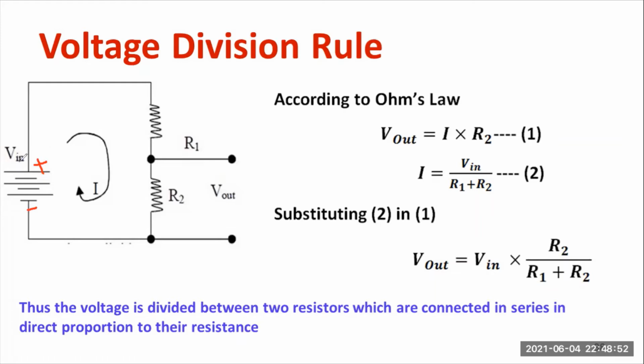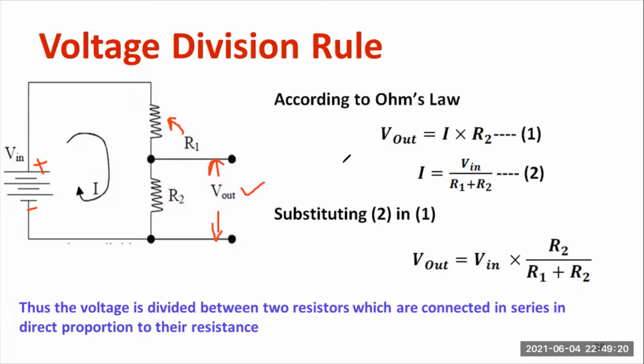The whole voltage V in has been divided across two resistors, R1 and R2. The voltage across R2 is given as V out. We need to calculate the voltage drop across R2. I need to compute the value of V out. How can we make that out? I am here to help you.